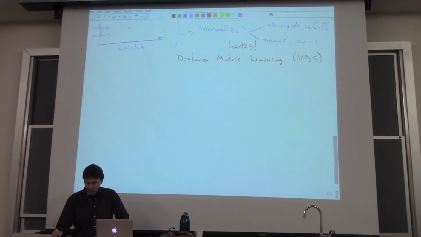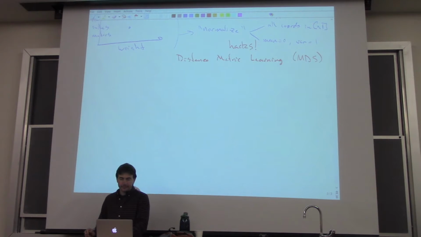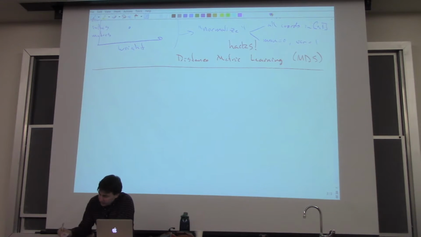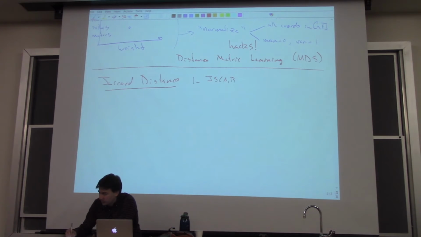Let's talk about some other distances. So one thing we talked about before was the Jaccard distance, right? Where this was just 1 minus the Jaccard similarity between two sets.